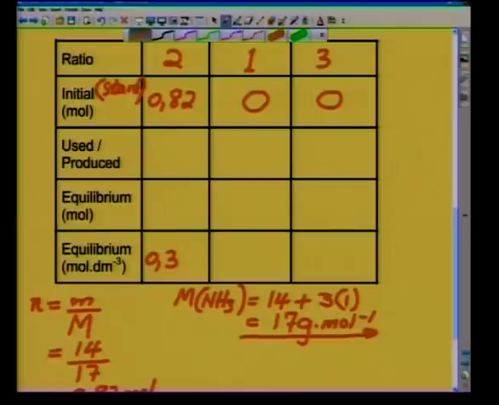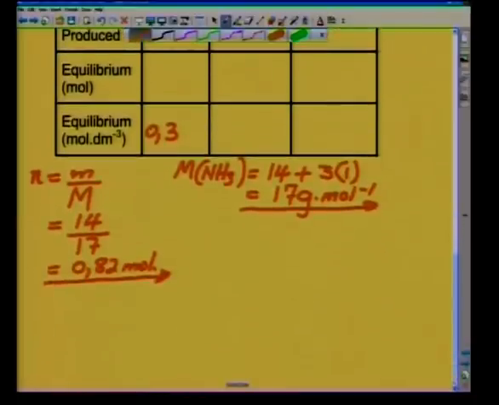So if we are to calculate the number of moles at equilibrium, how are we going to do that? We know that concentration is given by number of moles divided by volume. In this case, the number of moles is what we are looking for.